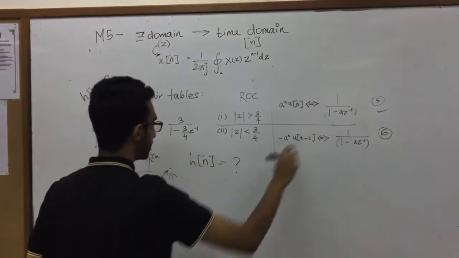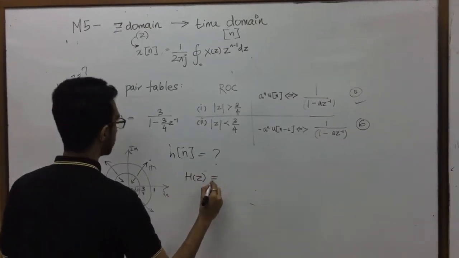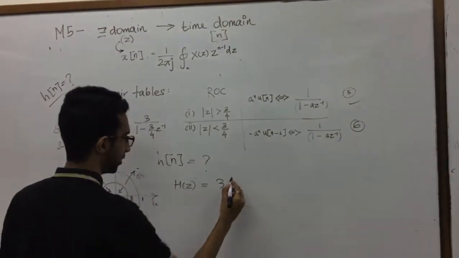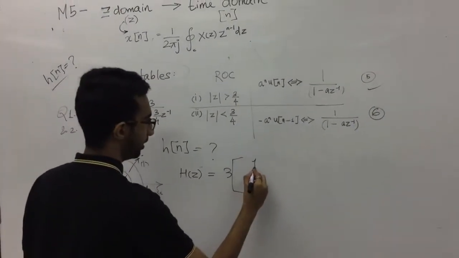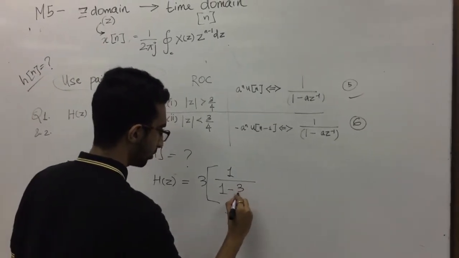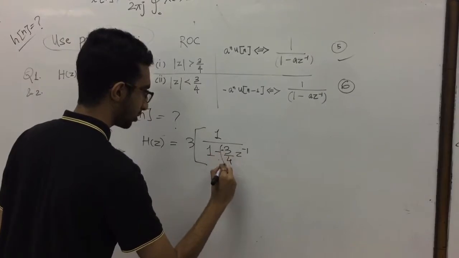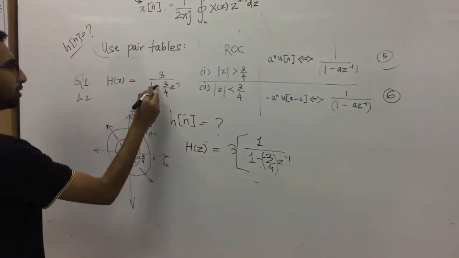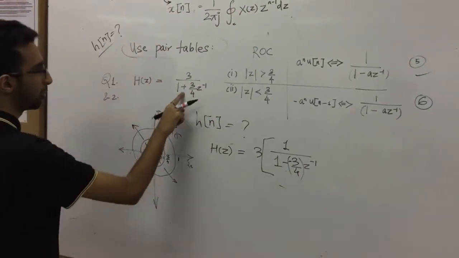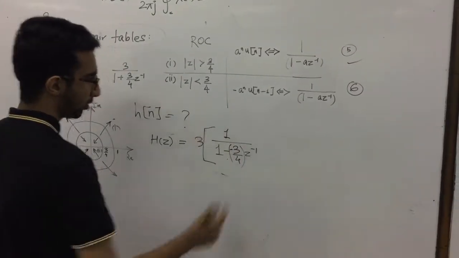So we find H of z is equal to 3 outside a big bracket, 1 divided by 1 minus 3 by 4 z to the power of minus 1. And this is supposed to be minus 3 by 4 since it's a plus. It's supposed to be plus over here, my bad. So it's 1 minus minus 3 over 4 z to the power of minus 1.